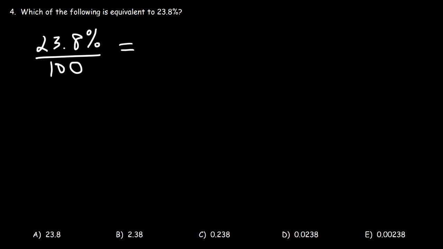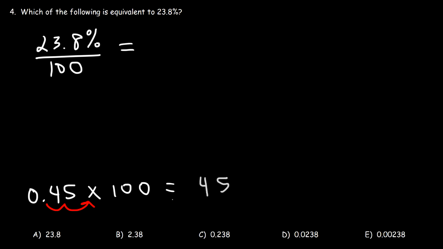Actually, before I answer that question, do you remember what happens if we multiply a number by 100? For example, let's say I have 0.45. If I multiply this by 100, what do I need to do to the decimal? When multiplying a number by 100, you need to move the decimal 2 units to the right. So 0.45 times 100 is 45.